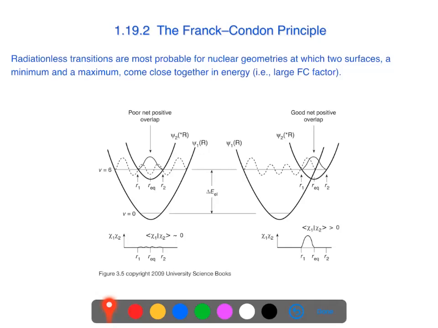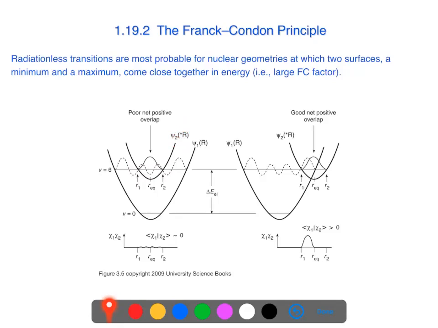Internal conversion will occur between the lowest vibrational level of the S1 state and some higher vibrational level of the S0 state. In this example, we're looking at the overlap between the vibrational wave functions of the 6th vibrational level of the ground state, that is R, and the 0th vibrational level of the S1 state, R star.